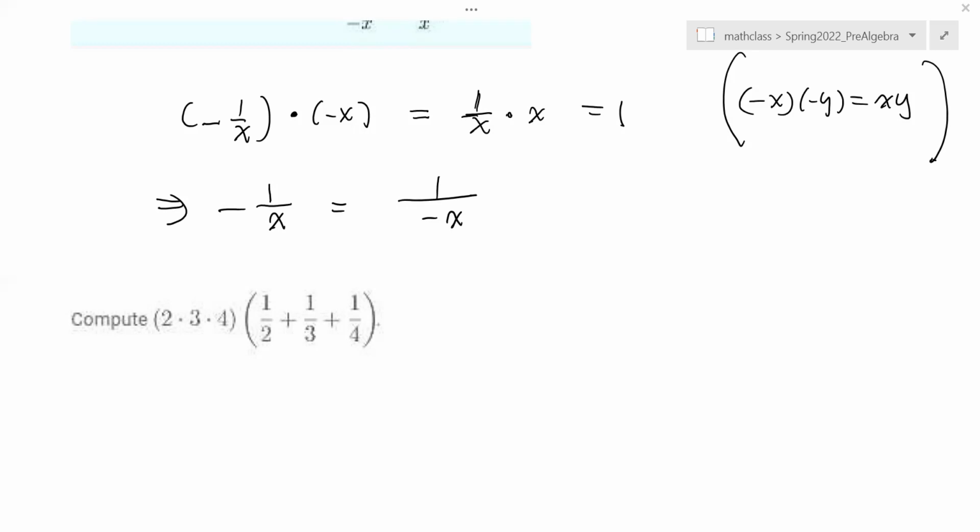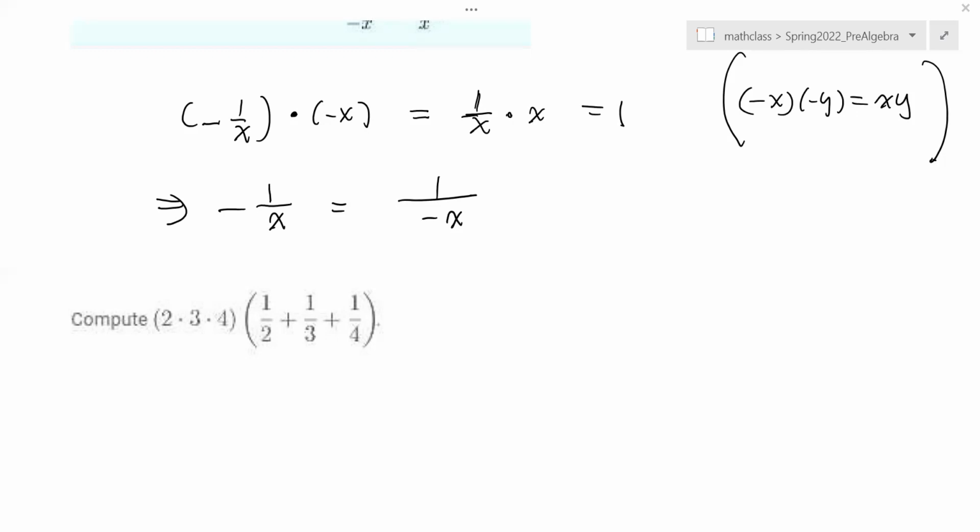This is not the way I want you to do it. So think about this: 1/2 plus 1/3 plus 1/4.